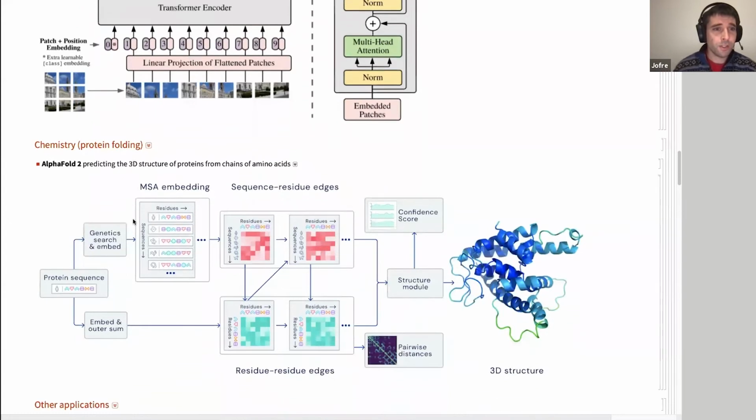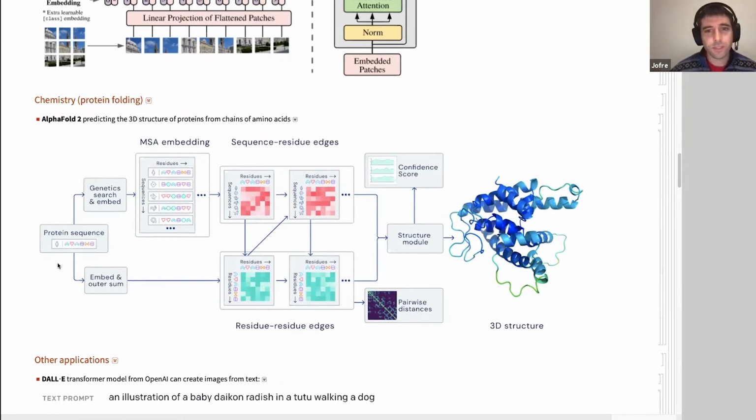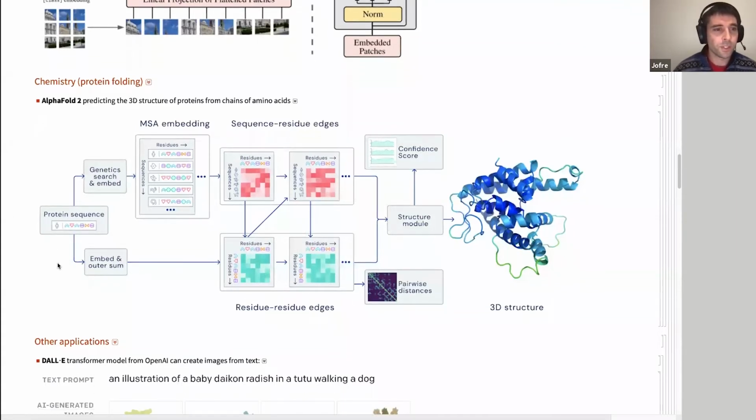In chemistry, there has been also a breakthrough late last year by Google. I think they won a competition in protein folding. They created the AlphaFold 2 model, which is also based on transformers and the attention mechanism, and they predict really well protein 3D structures from a sequence of amino acids.